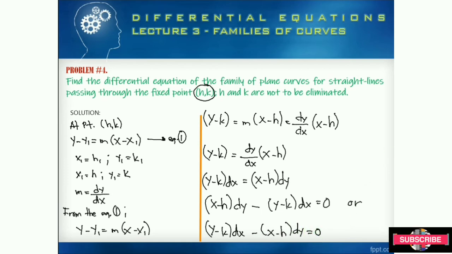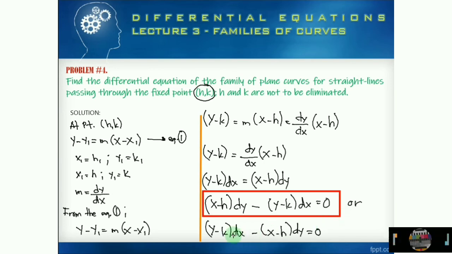These are just acceptable answers for this differential equation. You can select either of this equation or this equation below. It's just fine. So this would be our answer for this problem number 4.